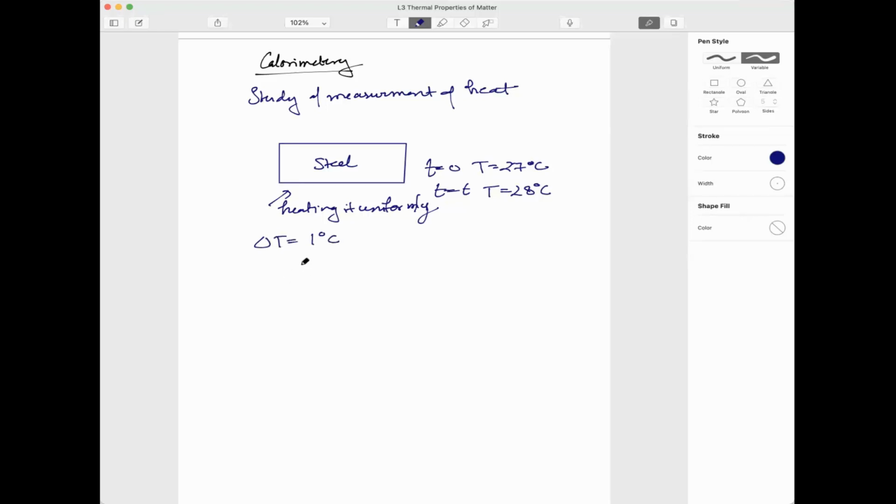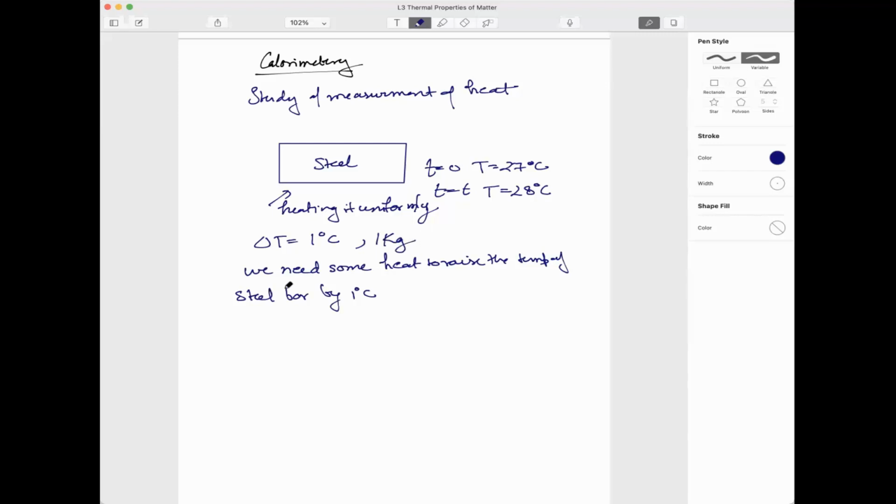So we need some heat to raise this temperature by 1 degree centigrade. But that amount of heat also depends upon the amount of steel. So let's say the amount of steel is 1 kg.